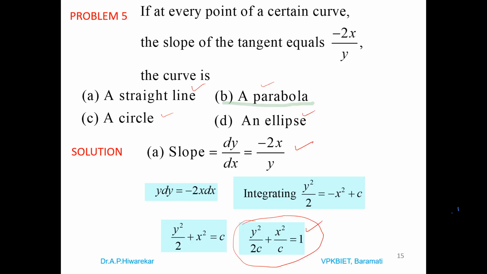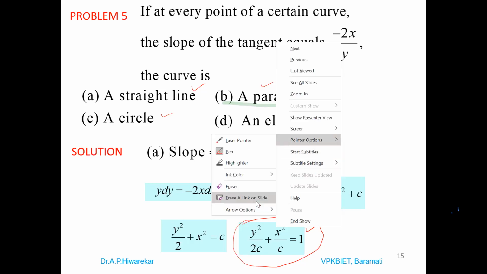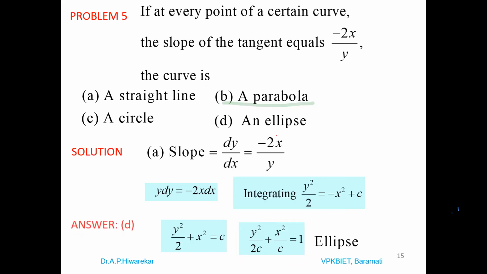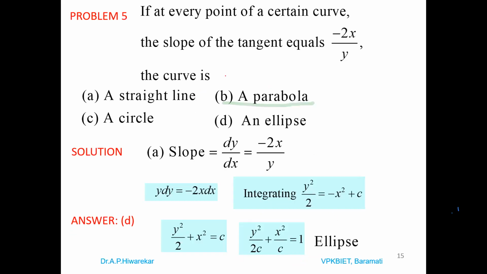Respond. Any one of you? What does this curve represent? D option, sir. D option, ellipse. Okay. So it is ellipse. Answer is D.